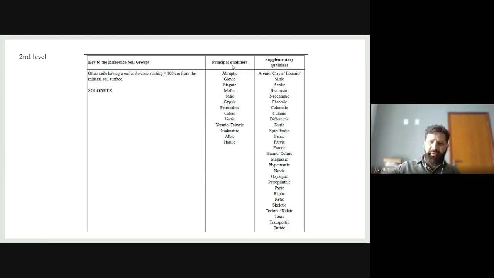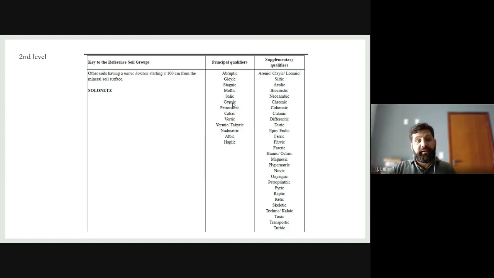So, for example, I classify a soil as a solonetz, and I identified that this soil also possesses gleyic properties, so it also possesses gray colors, and possesses a gypsic property qualifier, or because it possesses a gypsic horizon.